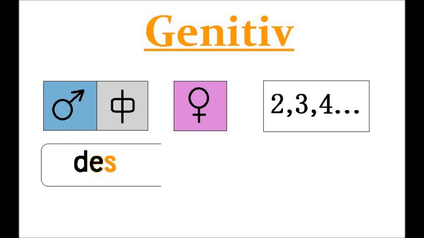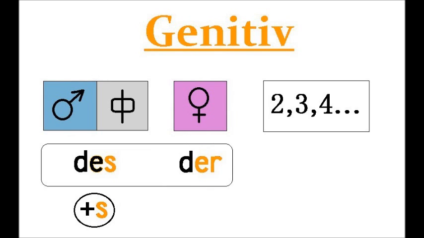If you use des, then you need to have an additional s at the end of the noun, similar to English. The female article is der, just like the dative, and the plural article is the same. It is der. Let's take a look at what we've learned so far.